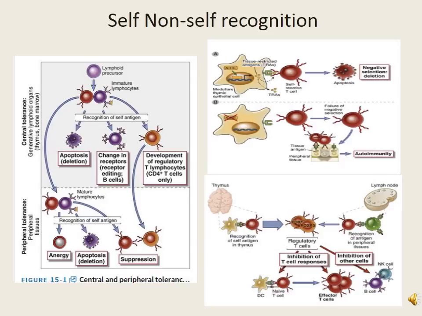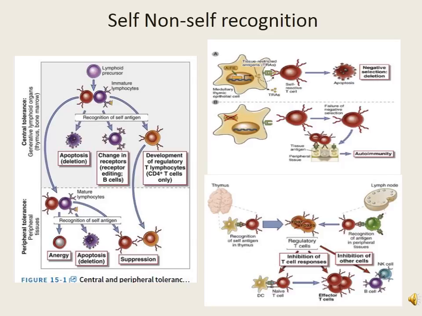As well, this mature lymphocyte can differentiate into a suppressor cell or regulatory T cell, which we call the inducible regulatory T cell.